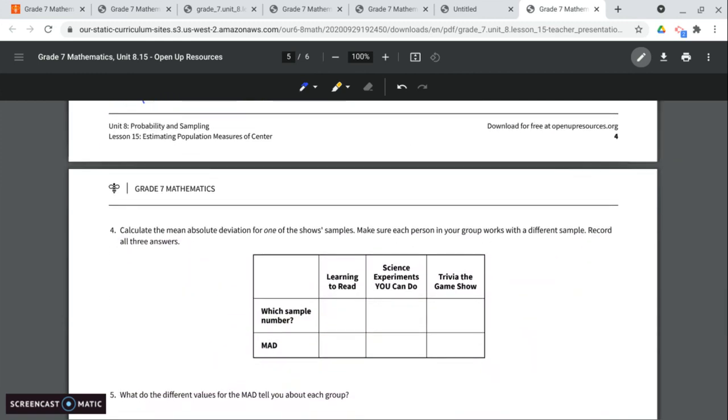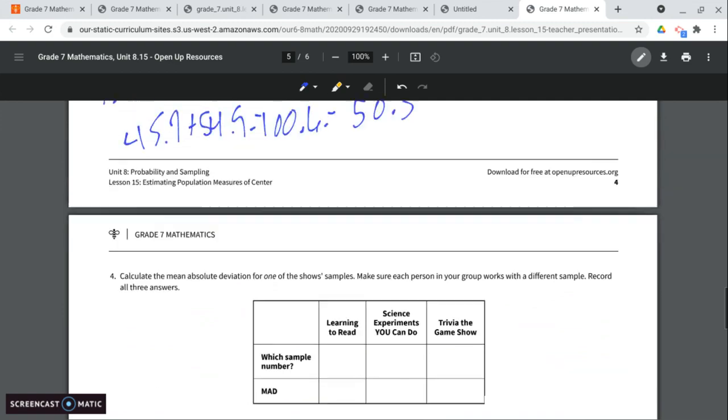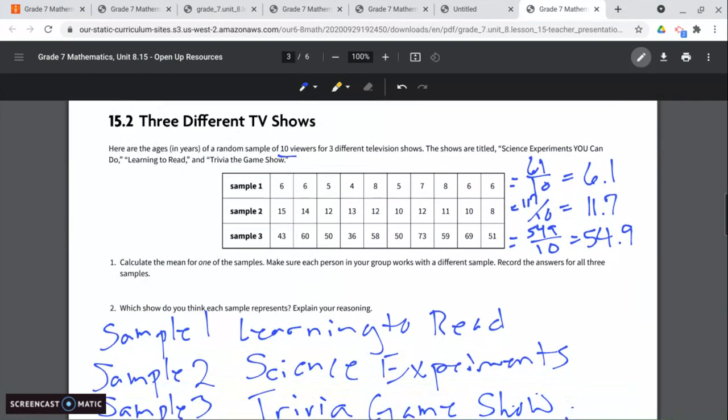So calculate the mean absolute deviation for one of the show's samples. We're not going to do all of them. But if we calculate the mean absolute deviation for learning to read, looking back at this, the learning to read was the 6.1, finding how far off each one of those is.